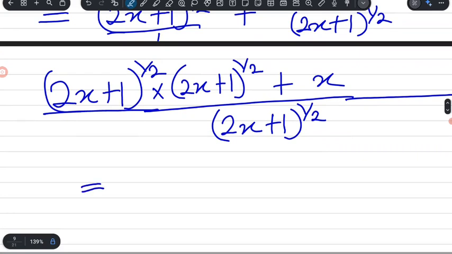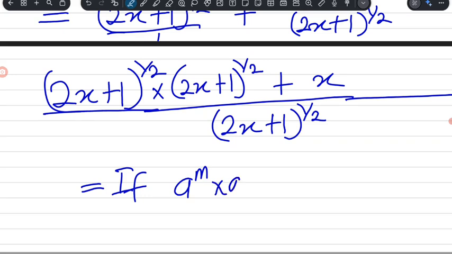Therefore, let's try to choose one base according to the laws of indices that says that if a raised to power m to multiply a raised to power n, you choose one base to have m plus n.